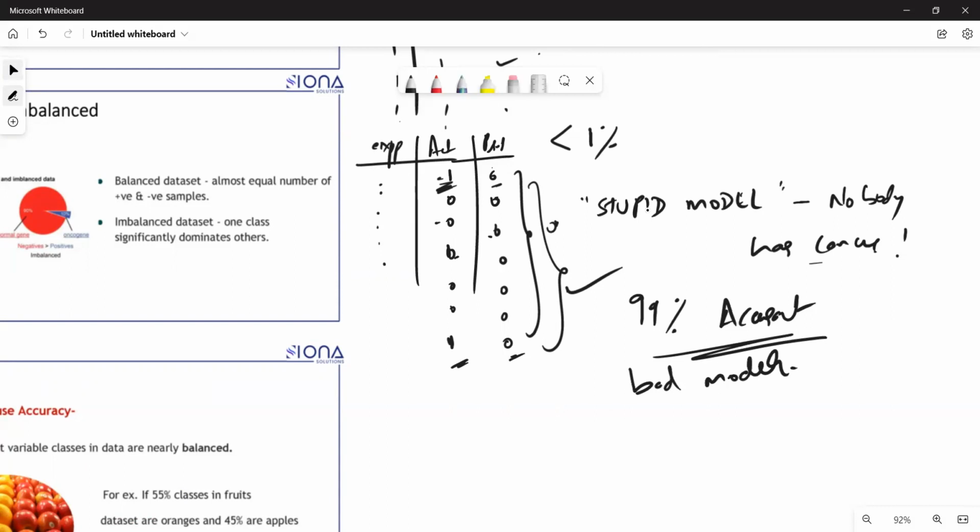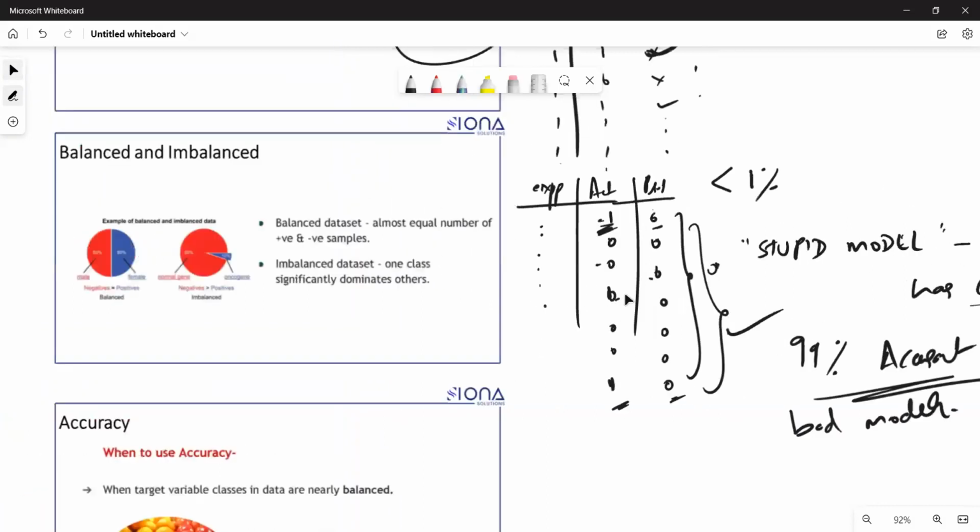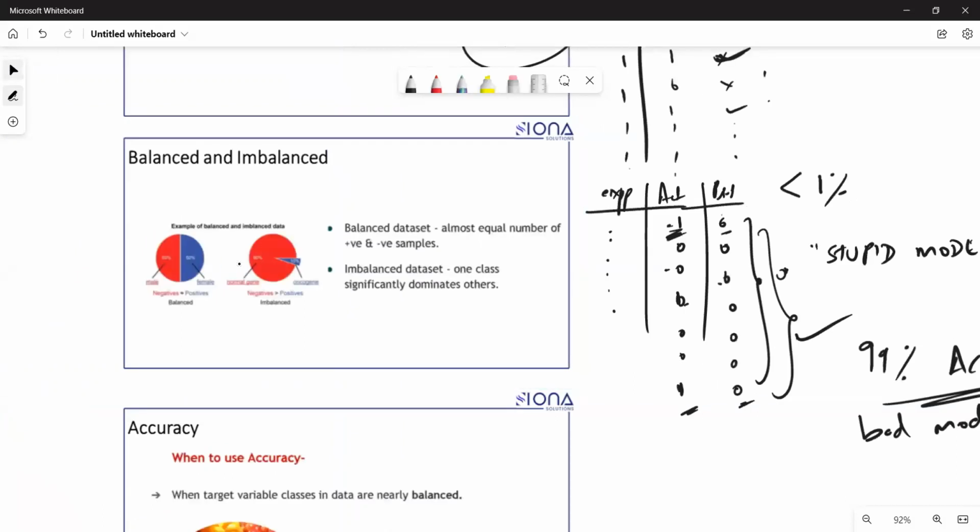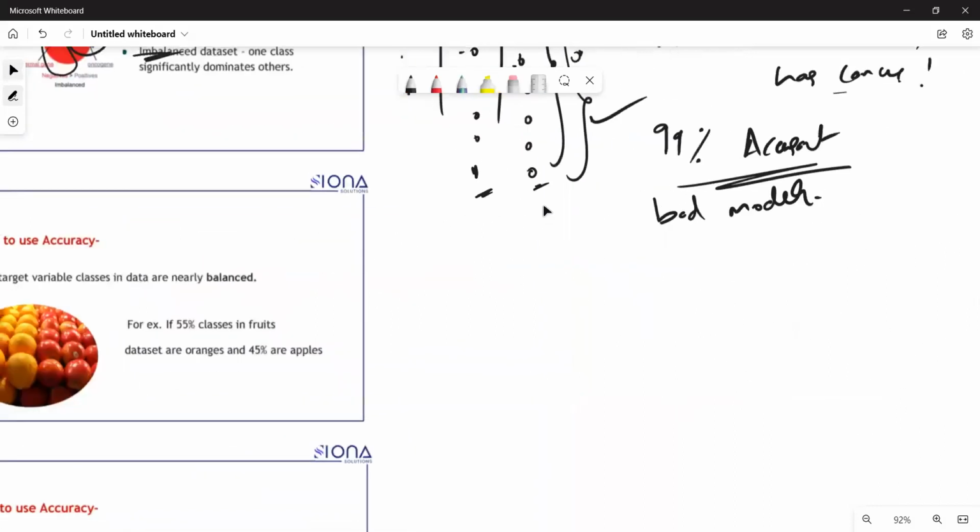Hence, accuracy is not the best possible measure when the smaller class is very small. It is like when there is an imbalanced data set, where we have a smaller class and a bigger class. In an imbalanced data set, accuracy can't work the best here. So hence we have to develop something else instead of accuracy to detect the correctness of the model.